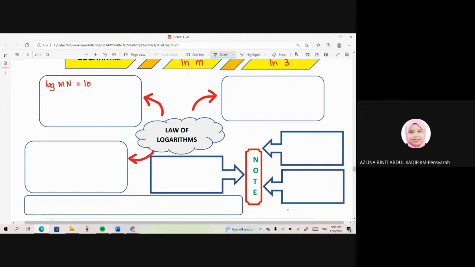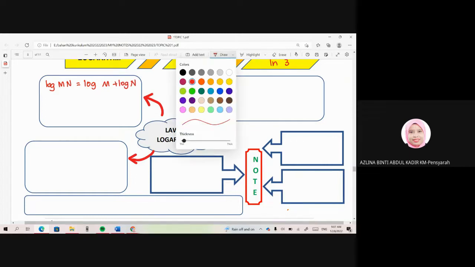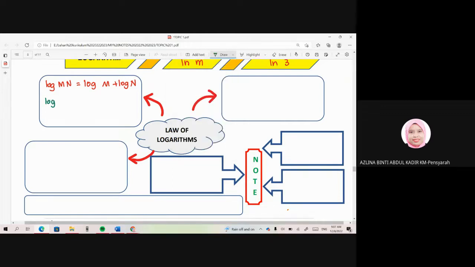That means log m plus log n. For example, log of 3 times 2 is equal to log 3 plus log 2. 3 times 2, multiplication.